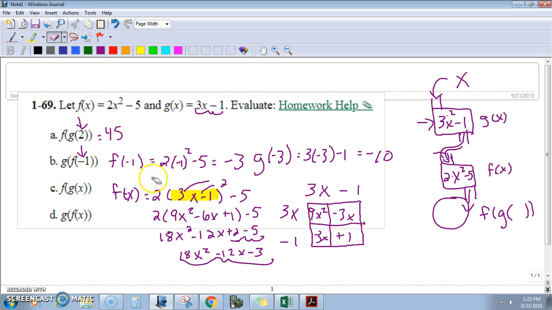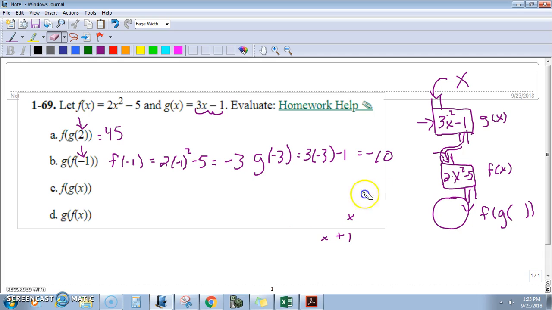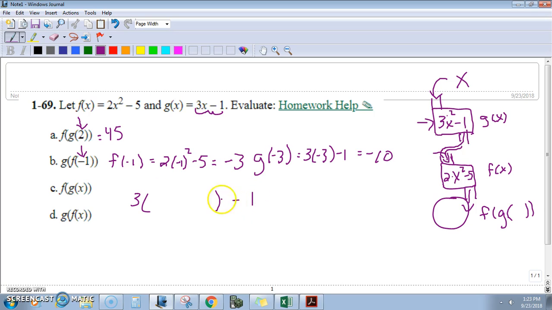And the last one is just doing that same thing, but we're going to start with the f of x. So that means the f of x is going to go into the middle of the g of x. I'm going to write g of x first, which is 3, remember, leave a big enough space for an entire function, instead of x, minus 1, and then I'm going to put 2x squared minus 5.